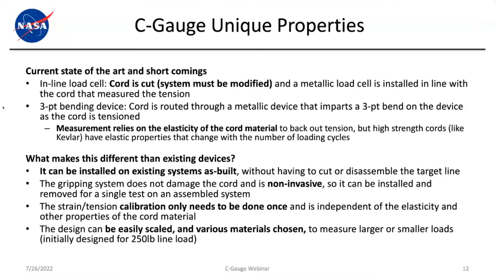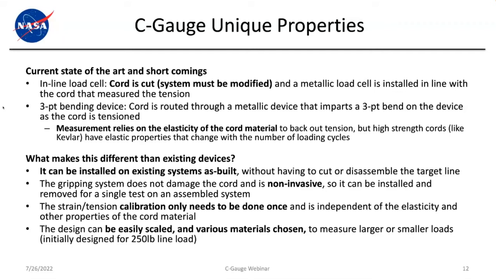And another point here is we know that some high strength cords like Kevlar do have properties that change over cyclic loads. So there's plenty of information out there that shows the change in modulus of a Kevlar cord over various loading cycles. So that can really hurt your calibration and your accuracy in your final measurements there.